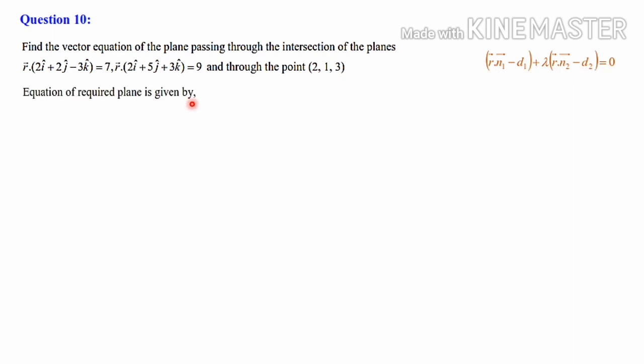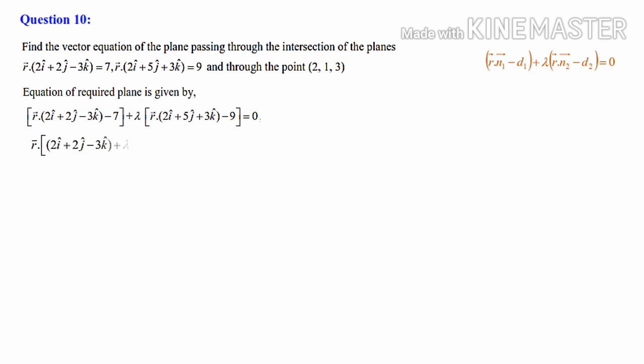The equation of the required plane is given by, just write the first equation, plane 1: vector r dot 2i cap plus 2j cap minus 3k cap, plus 7 brought to the left side, that is minus 7, plus lambda into plane 2 equation, that is r dot 2i cap plus 5j cap plus 3k cap minus 9 equal to 0. A little bit of rearrangement we have to do. Here there is vector r, here also vector r.